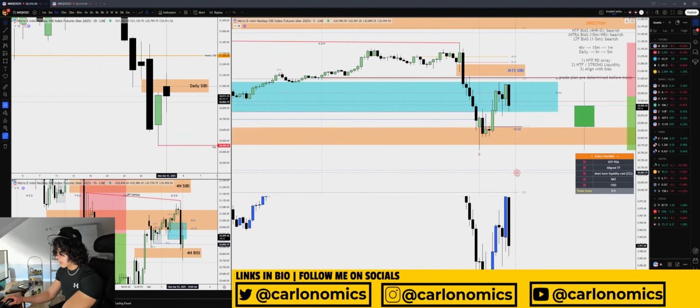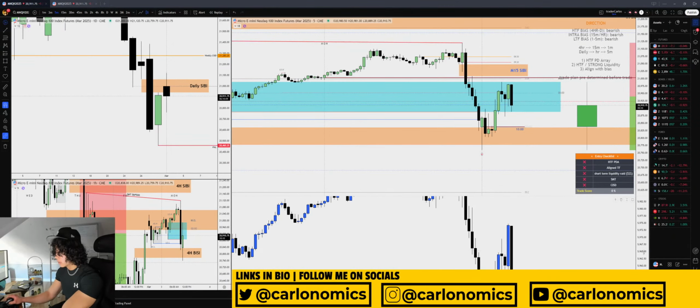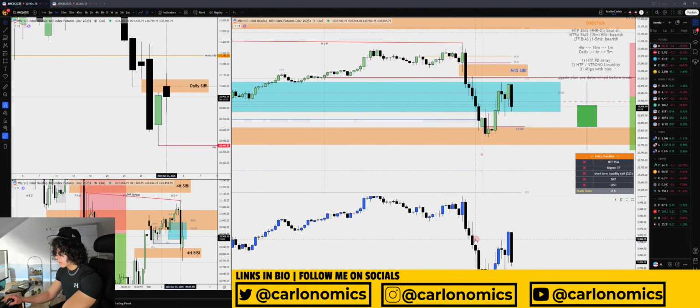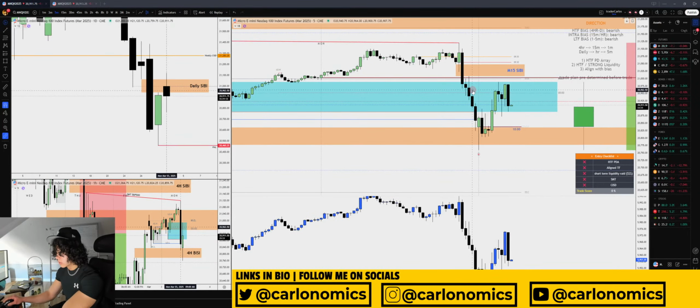Is there SMT at the highs? Yeah, looks like there's SMTs at the highs. 10:50 candle. 10:30 candle. 9:50. I mean, there's SMTs here, but closed.